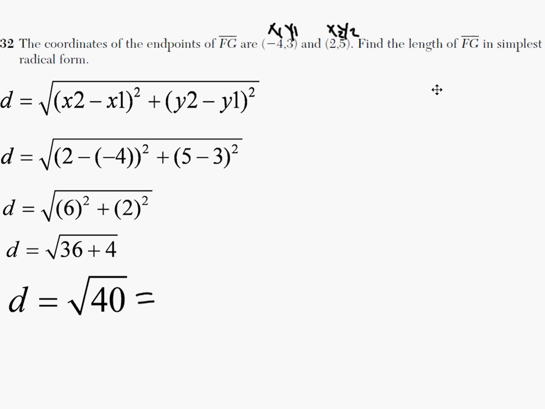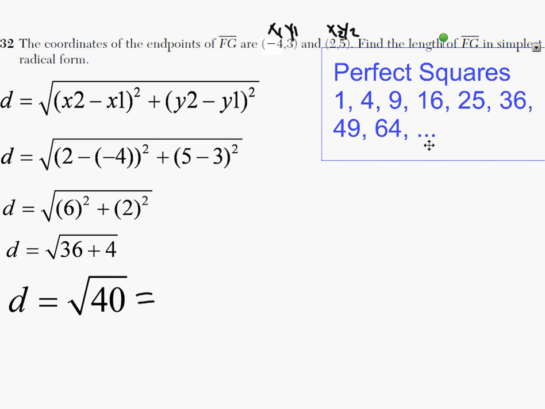The way that I do it is I use the largest perfect square that's going to go into the number under the radical. In this case, that's going to be 4. So I can rewrite radical 40 as radical 4 times radical 10.